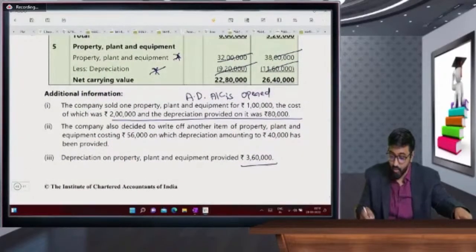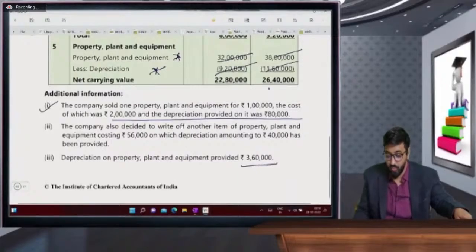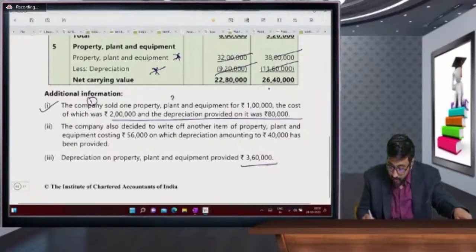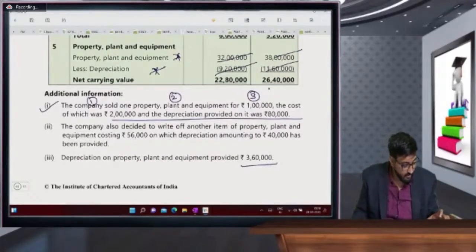So now tell me one by one adjustment. How many entries you are going to pass over here? Chalo. First one. I just want to check now your knowledge. How many entries you are going to pass? Chalo, quickly give answers. 3 entries. First entry, tell me. What is the first entry? Tell me the first entry quickly.